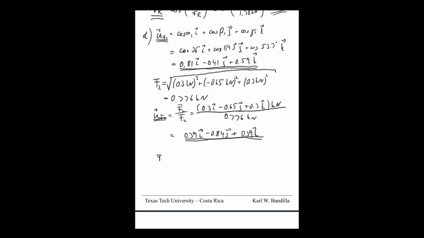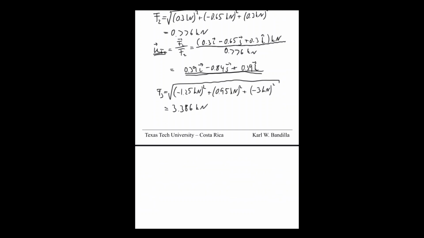So F3 is equal to the square root of minus 1.25 kilonewtons squared plus 0.95 kilonewtons squared plus minus 3 kilonewtons squared. And that gives me 3.386 kilonewton.